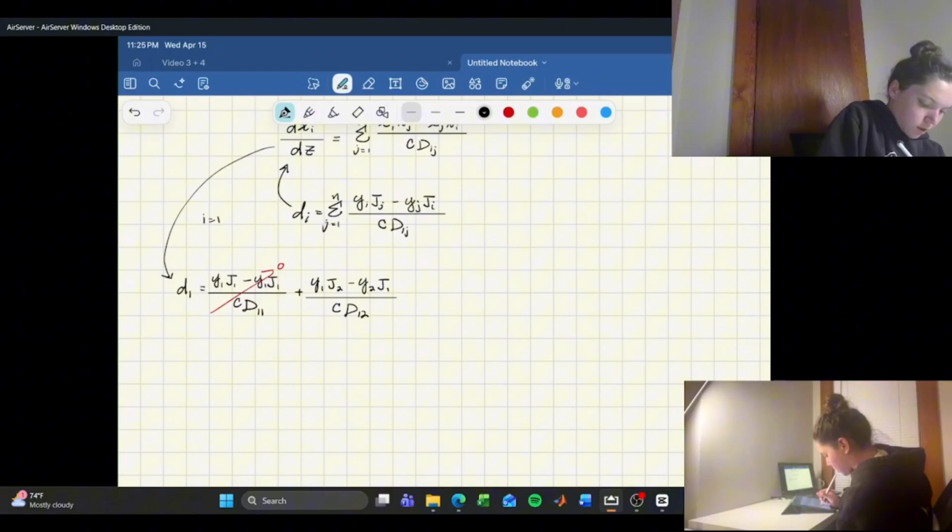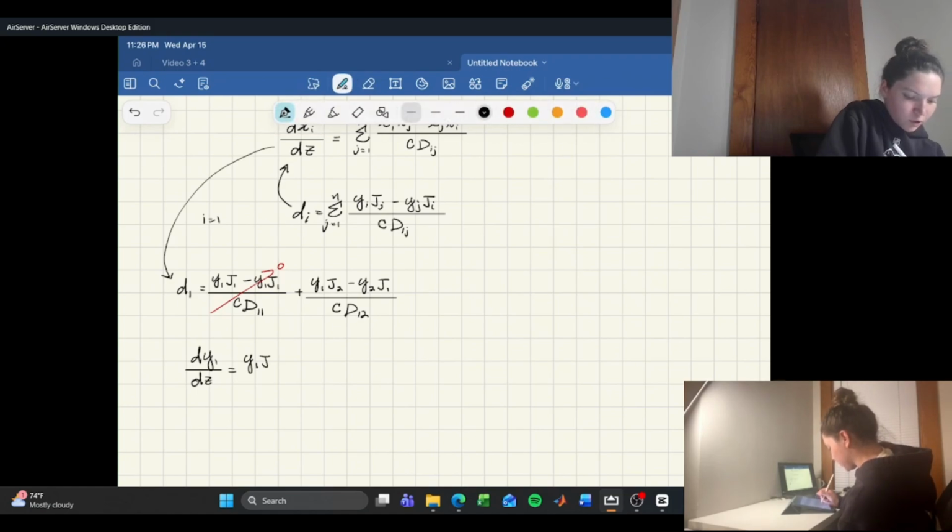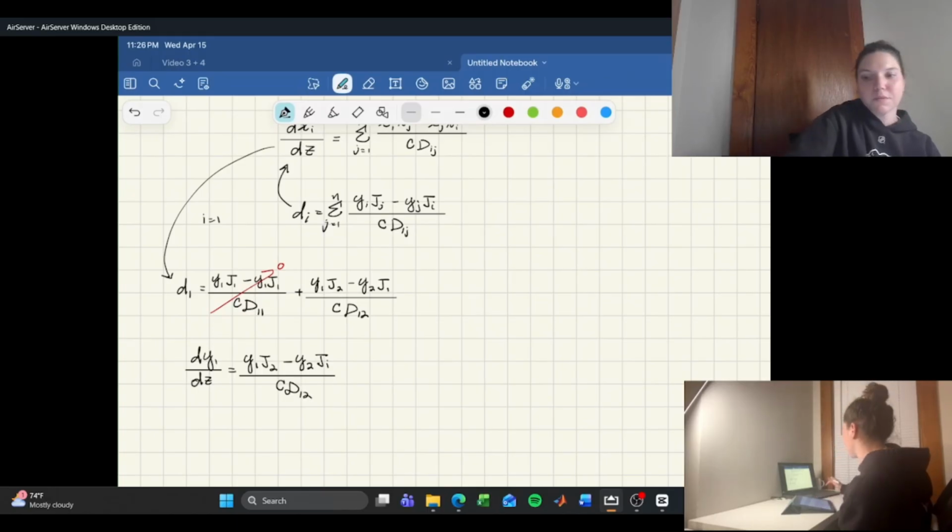We're going to have the derivative of the mole fraction of 1 with respect to position equal to that term there: the mole fraction of 1 times the diffusion flux of 2 minus the mole fraction of 2 times the diffusion flux of 1, over the concentration times the diffusion coefficient of 1 through 2.